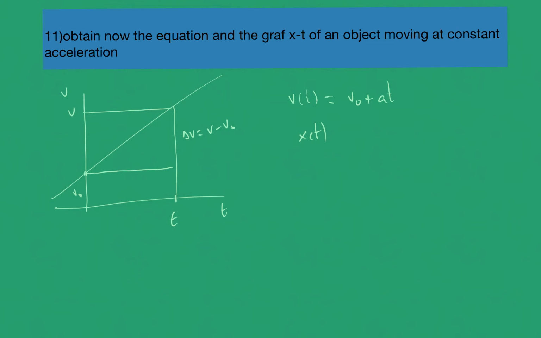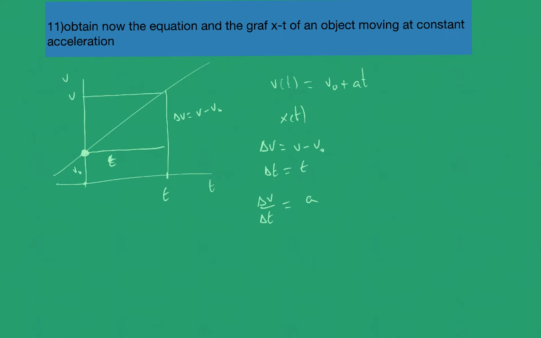And delta t is t minus 0, because I start from 0. So delta v is v minus v0, delta t is t, and delta v divided by delta t is the slope, which is a, the acceleration that they give us.